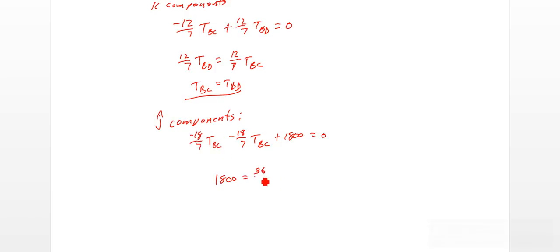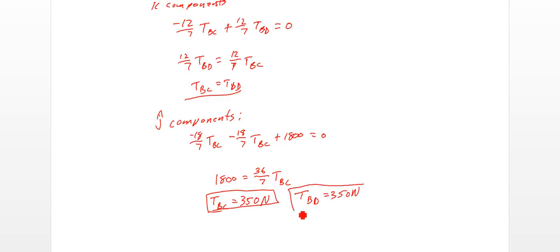So I'll get 36/7 tension BC, so tension BC equals, I believe it's 350. Is that right? Yep. Equals 350 newtons. And because tension BC equals tension BD, tension BD also equals 350 newtons. So you get +1 here and +1 here.